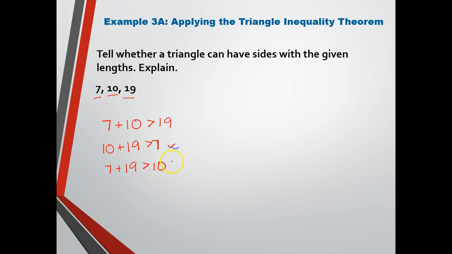Well, these two statements are true, but this statement right here is false. When you add that together, you get 17, and 17 is not greater than 19. So these three segments right here cannot be a triangle.